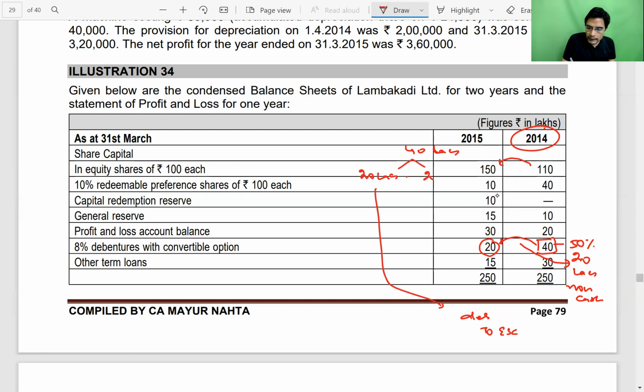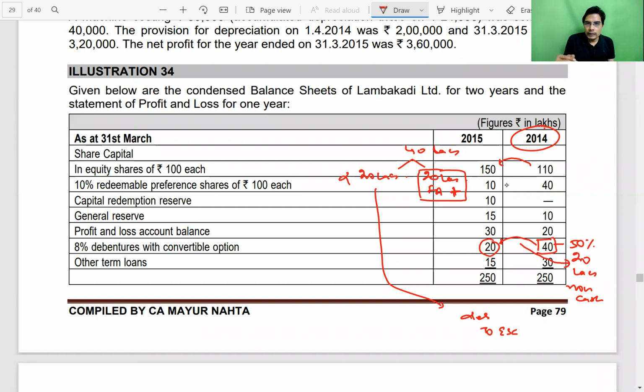So only for the balance 20 lakhs, cash has been received, which will come under financing activity as a cash inflow. So 20 lakhs will come under financing activity as a cash inflow, and the balance 20 lakhs will be ignored because it's a non-cash transaction.